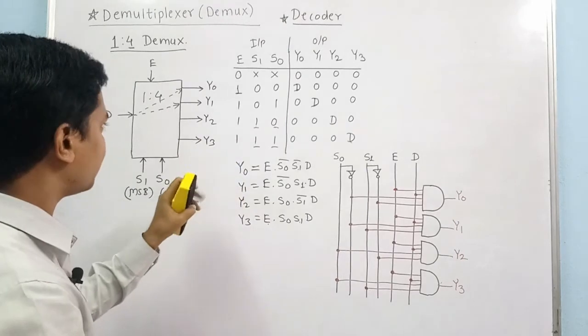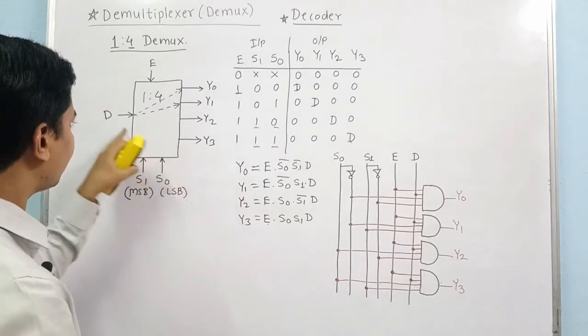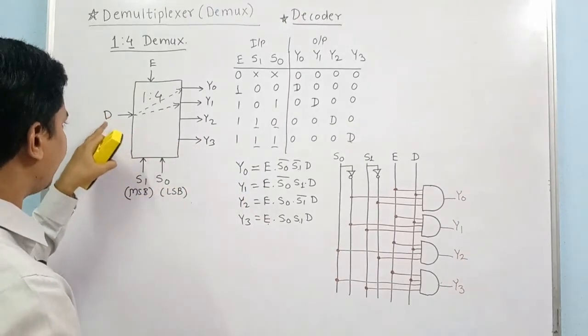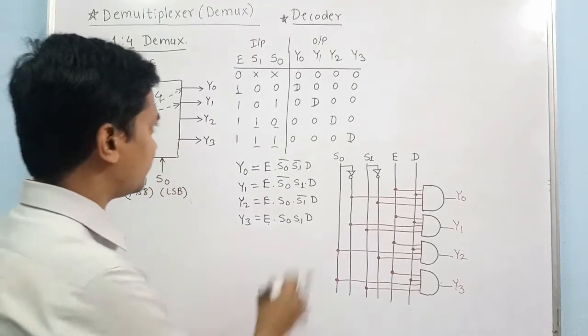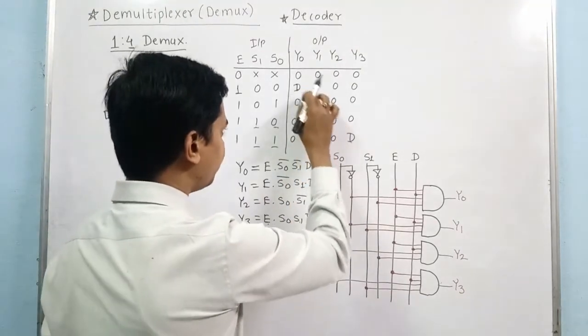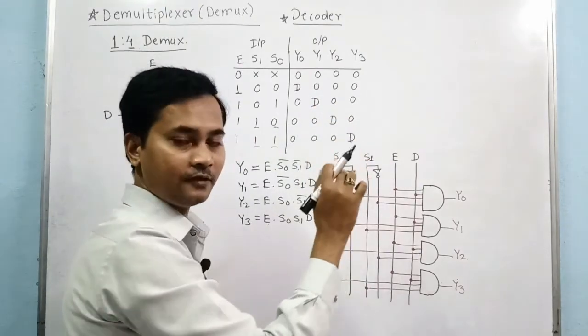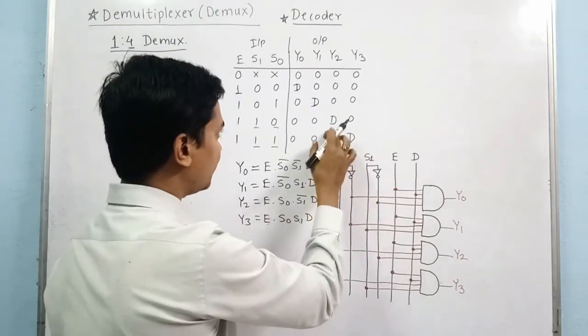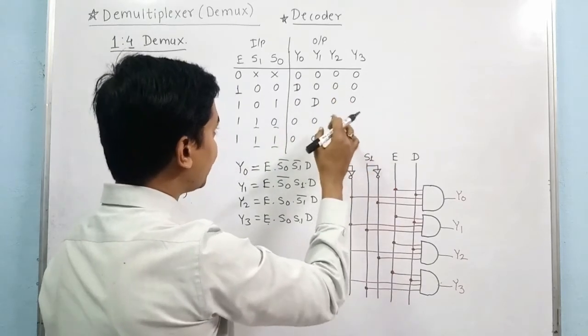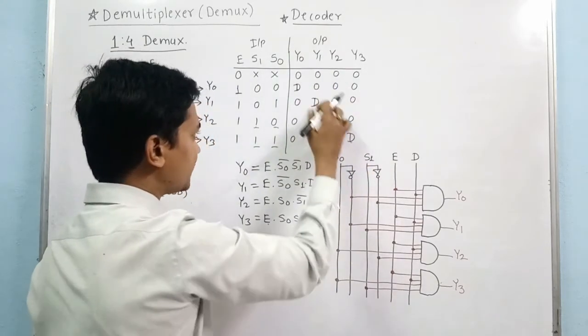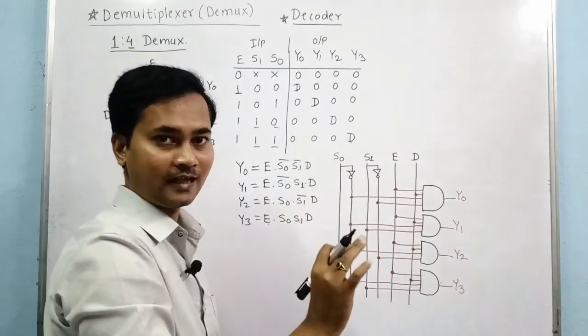Now why is the decoder not having the input line? Because in the decoder the output status will be fixed. Here in the demultiplexer we have drawn D, but in the decoder the output status will be fixed, and that is 1.